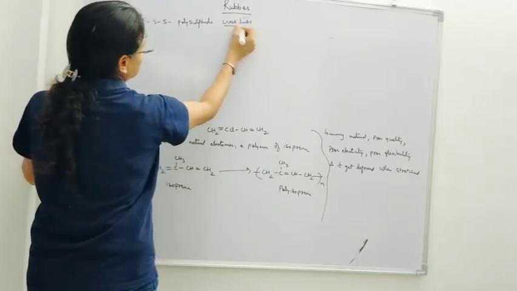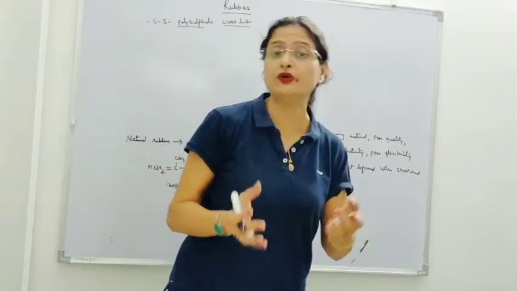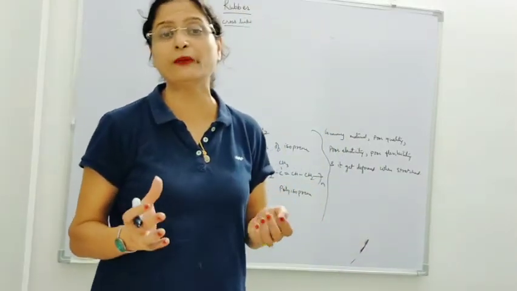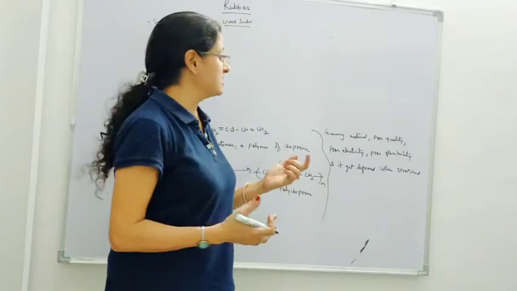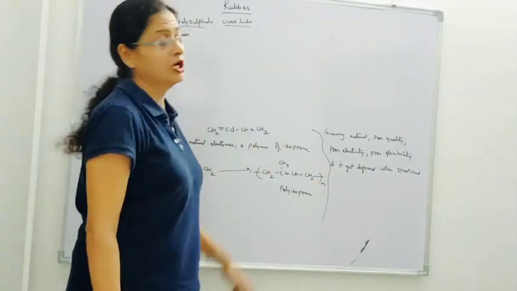Now what is the role of these cross links? If you remember, when cross links are introduced, obviously we find that the quality of the rubber becomes better, the flexibility improves, and it does not get deformed because of the presence of the cross links.